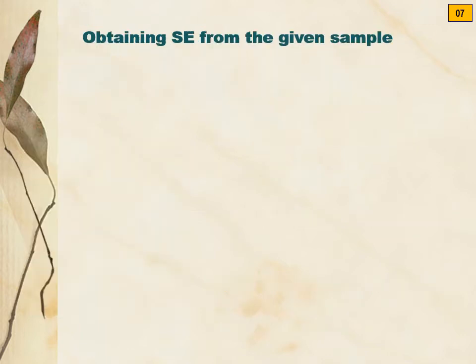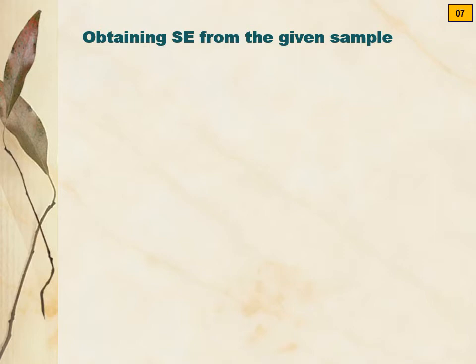Slide number 7. The last 2 slides were discussed just to give you the concept of standard error, which is practically not possible. We took a small population of 4 units and then we calculated the standard error by taking a sample of size 2 and a sample of size 3.